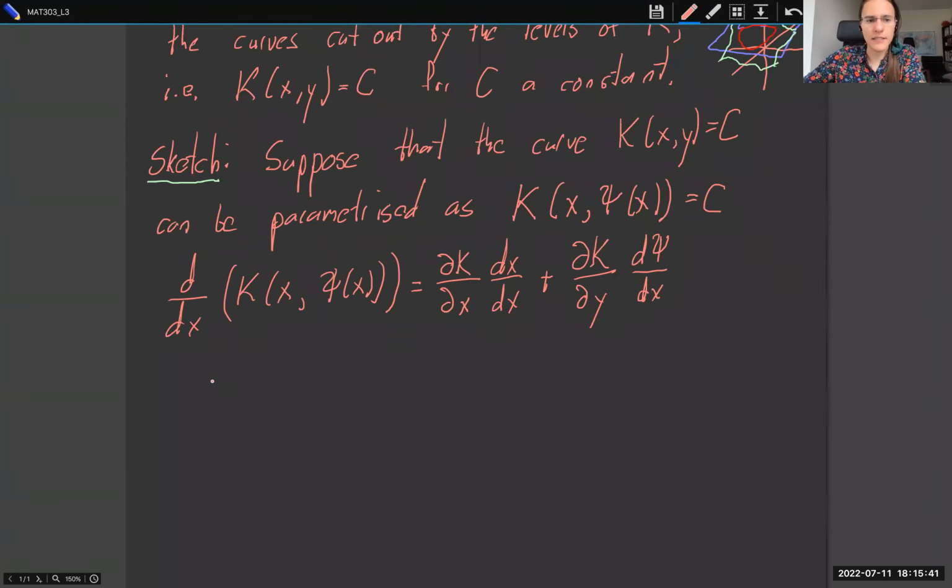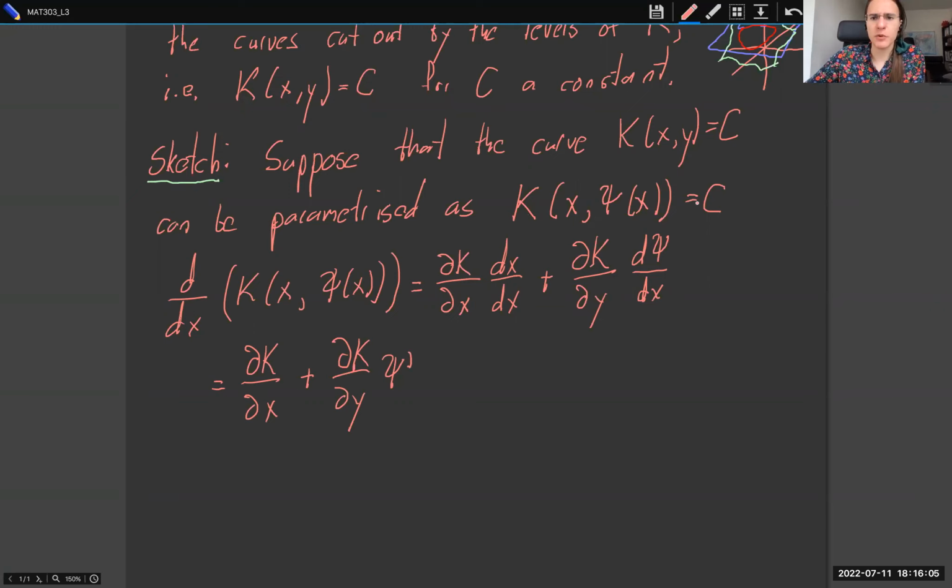Now, what that gives us is this is just 1. So we get partial k partial x plus partial k partial y times the derivative of psi. And what is this equal to?